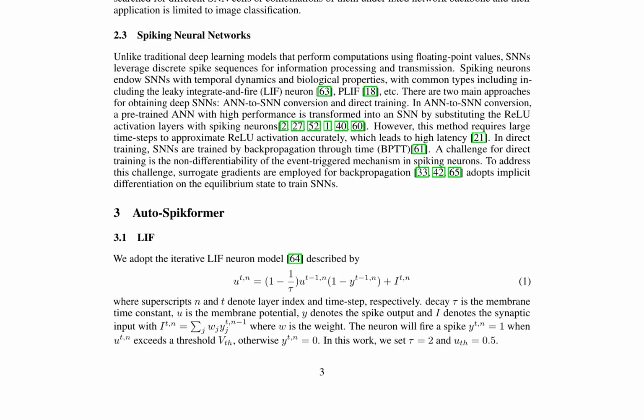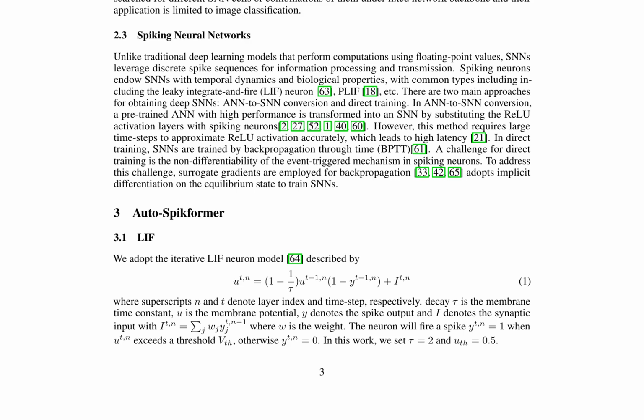In parallel, spiking neural networks, SNNs, have emerged as a type of neural network that leverages discrete spike sequences for information processing and transmission. SNNs can be obtained through ANN to SNN conversion or direct training using backpropagation through time. The authors propose the Auto-Spikformer, which adopts the iterative leaky integrate and fire neuron model.